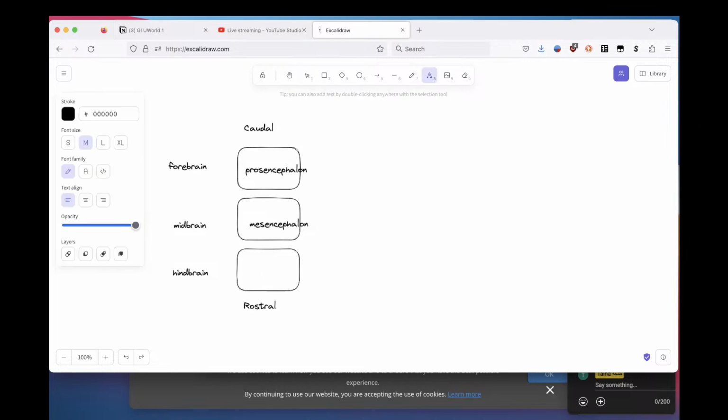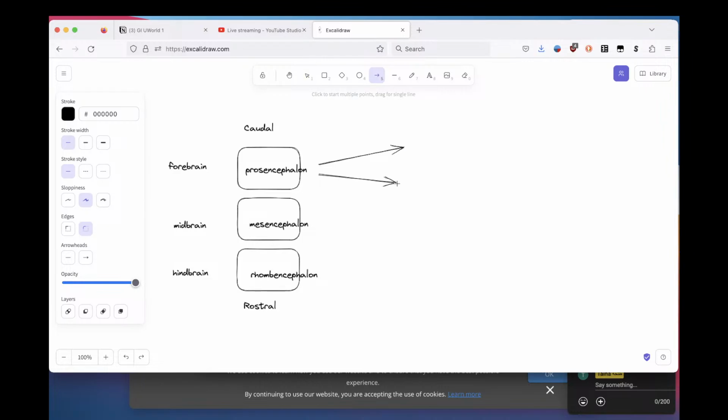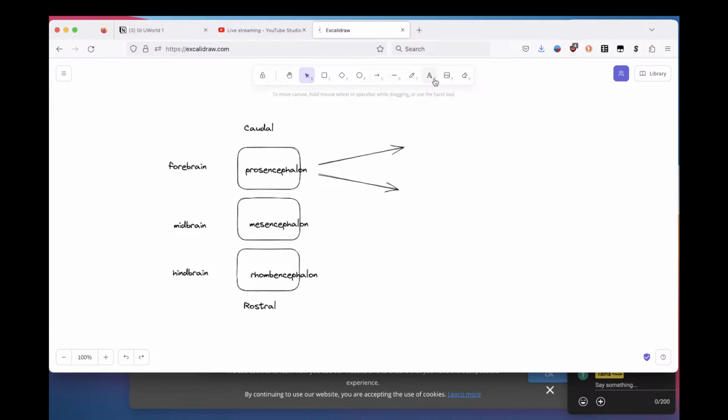And this one right here is going to be the... what is the last one called? Oh, rhombencephalon. Okay. And then these differentiate. So this one is going to become two things, and those two things... I'm pretty sure the telencephalon is here.